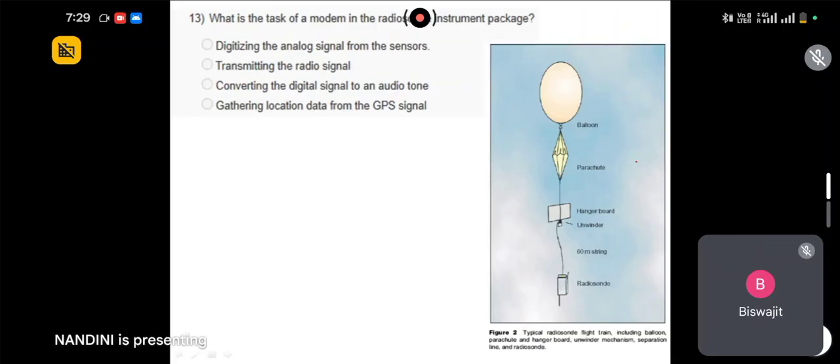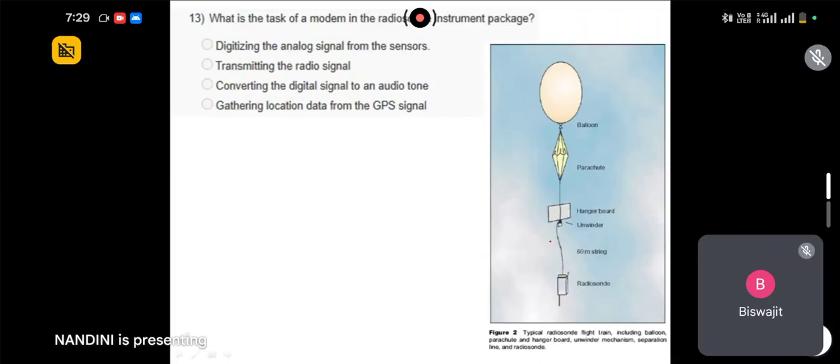So this is how, as the balloon ascends in the atmosphere, it measures temperature, pressure, and humidity as it goes up, and we will get a vertical profile of different atmospheric parameters like temperature, density, humidity, pressure, etc. So this is basically used for vertical profiling of the atmosphere.